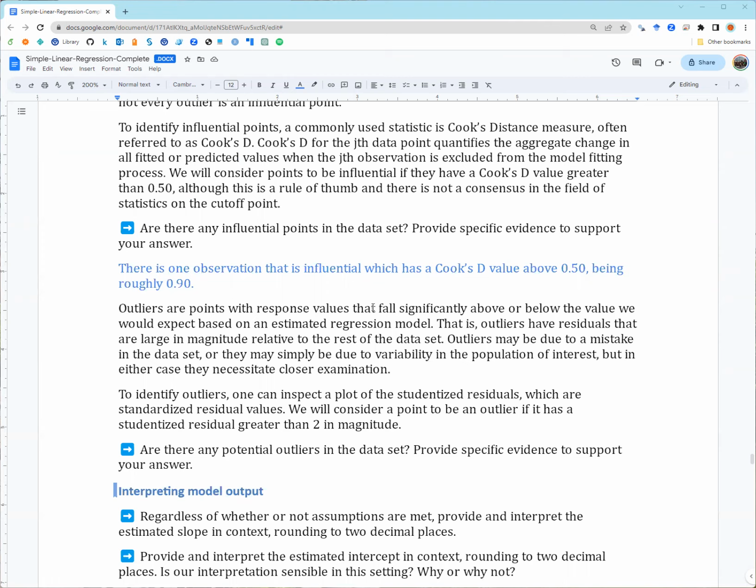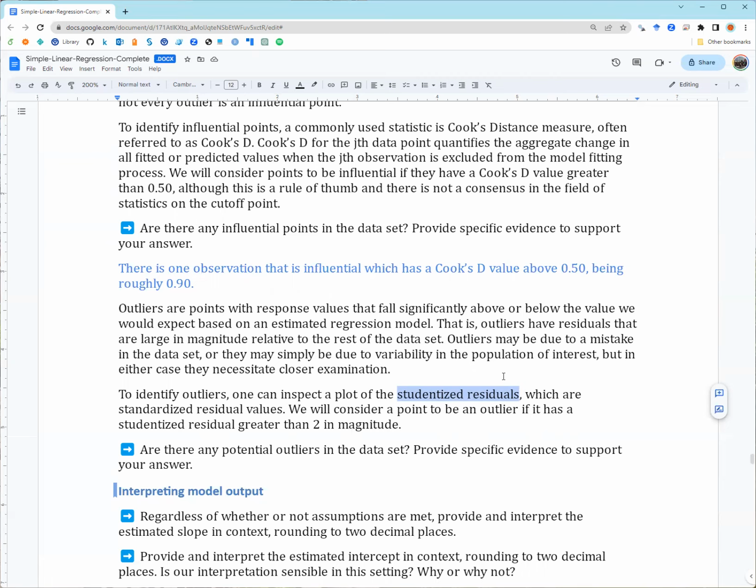To formally identify outliers, we are going to use what's called studentized residuals, which are like standardized residuals. So if you're familiar with z-scores, which are standardized values, studentized residuals are sort of like z-scores of residuals in a way. You can think about it like that.